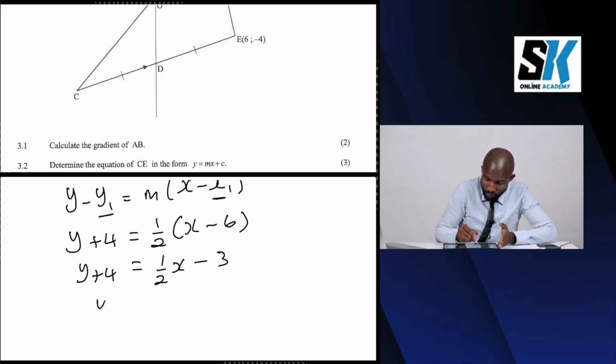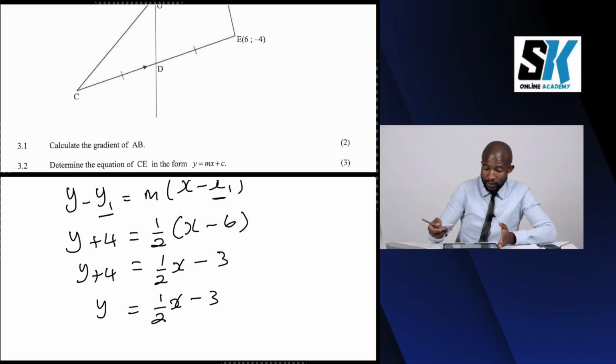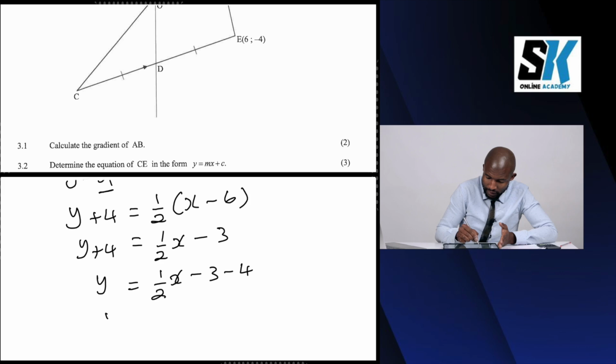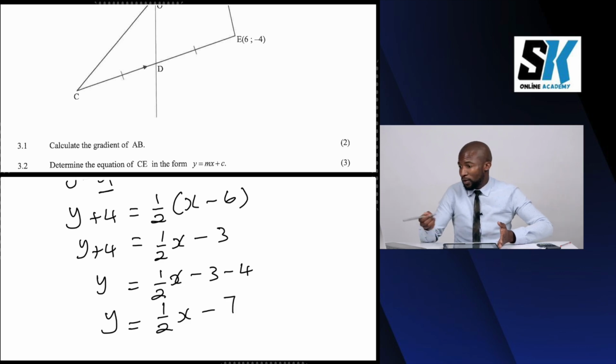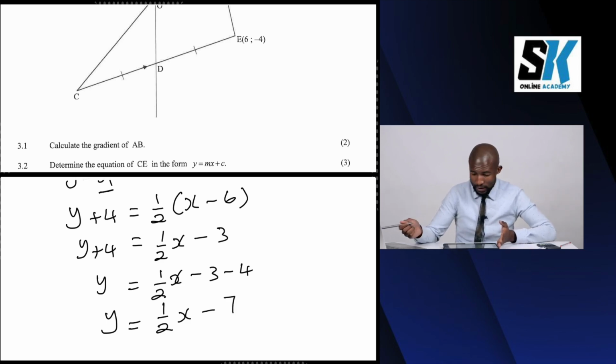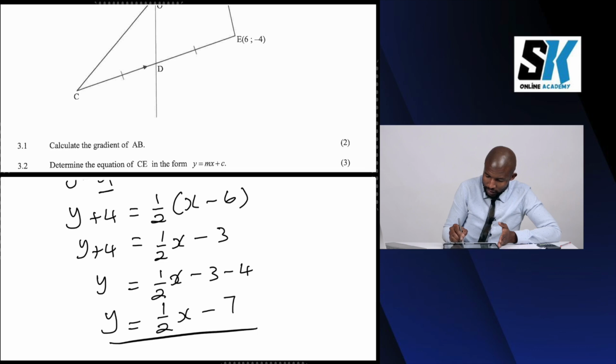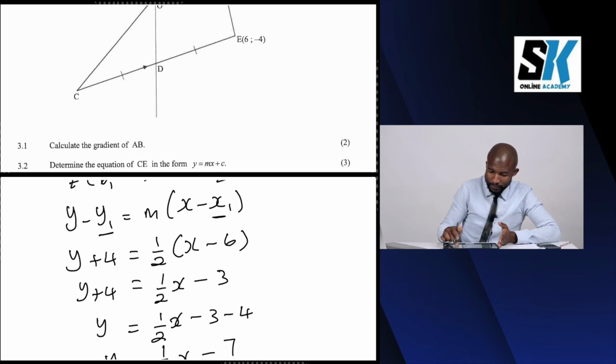Then y is equal to 1 over 2 x minus 3, then minus 4. Which means that our equation is going to be a half x minus 7, because minus 3 and minus 4 give you minus 7. So that would be the equation of the graph.